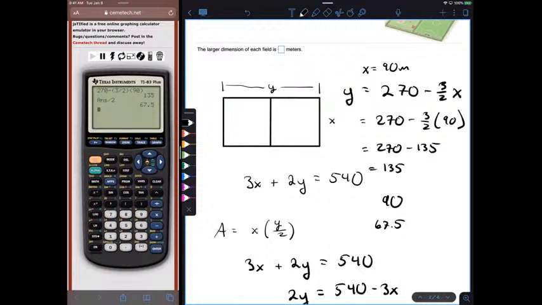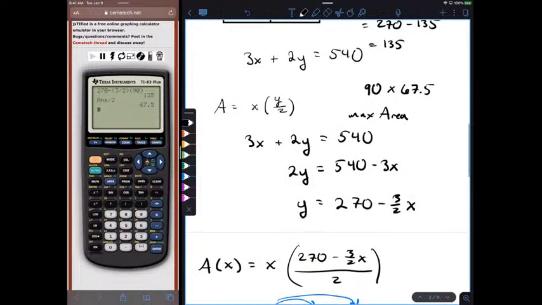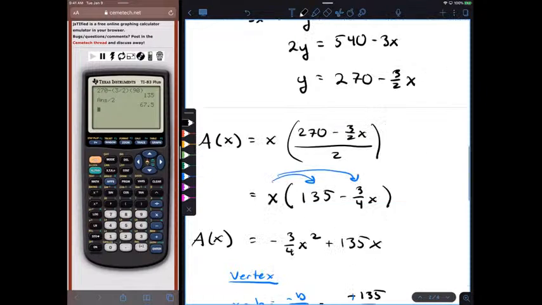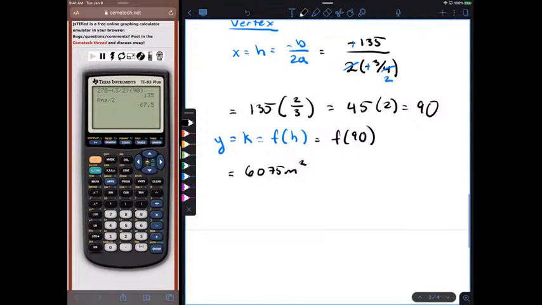Let's write it a little differently. 90 by 67.5 with a maximum area, and again the units here are meters. We got that 6075 meters squared.